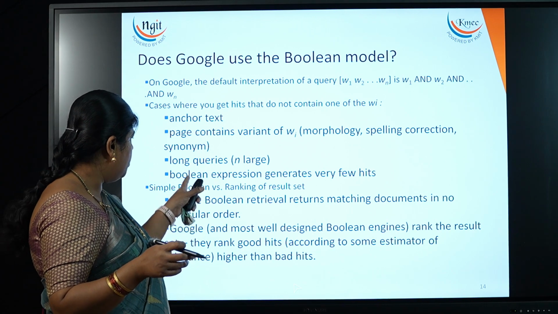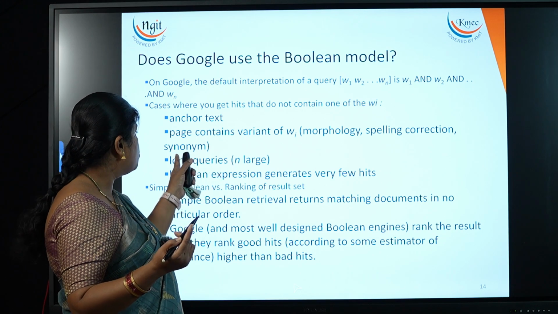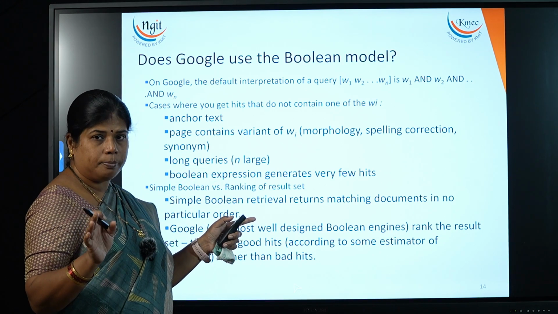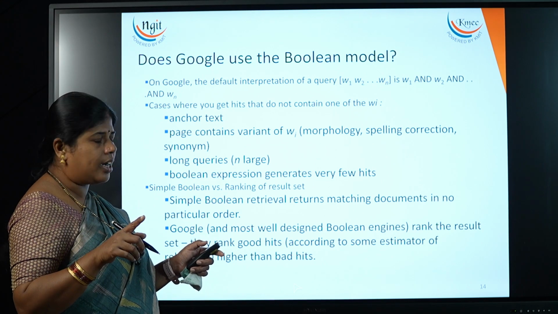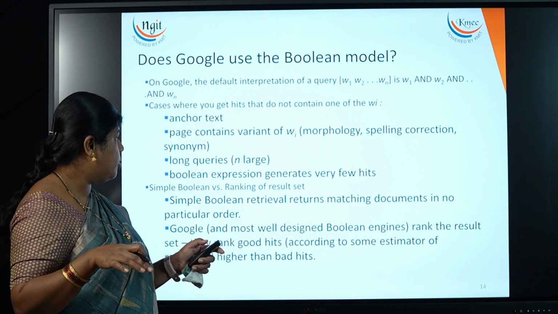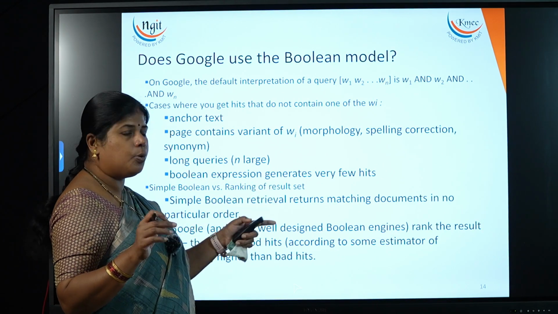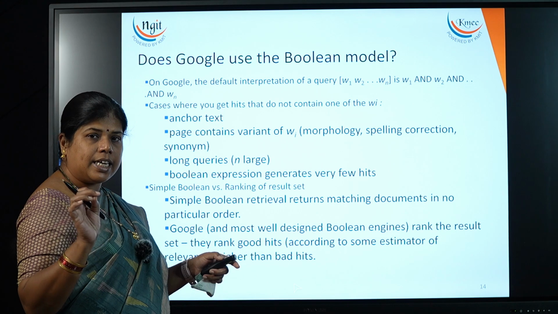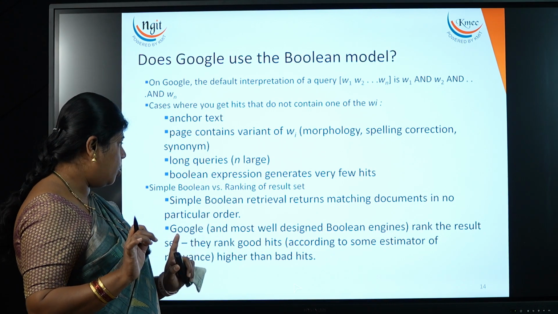It is mainly useful for long queries. During the optimization technique you should not forget synonyms. Whatever synonyms are related to your word run, you should be able to retrieve those documents as well. A Boolean expression generates very few hits, because exact match is possible using the Boolean expression only.